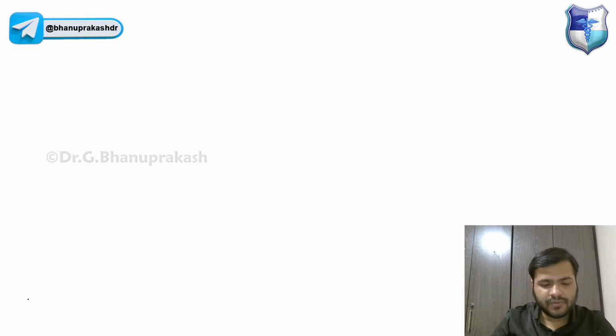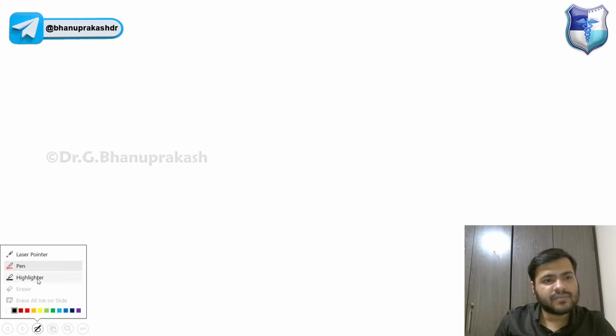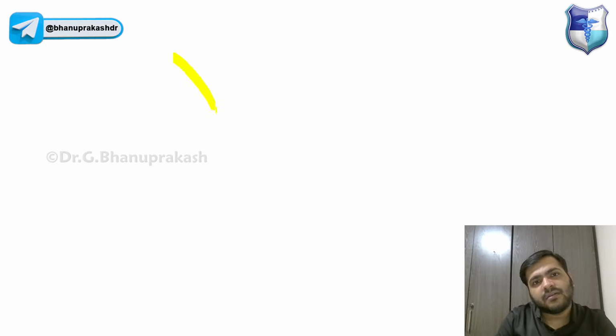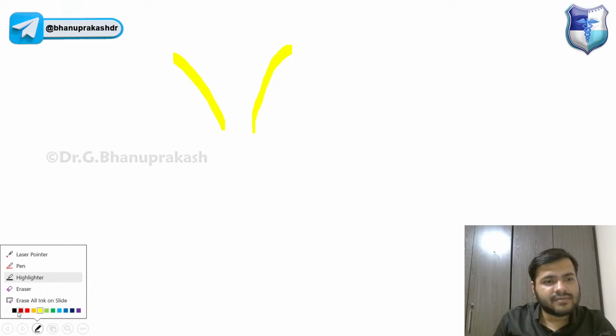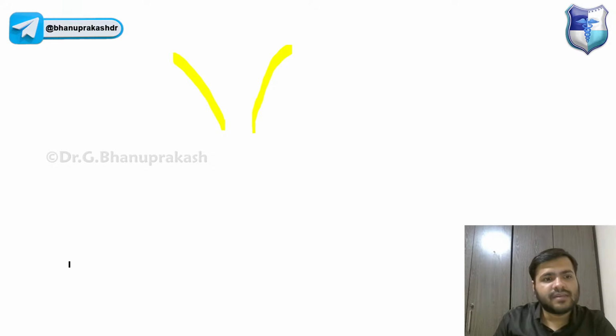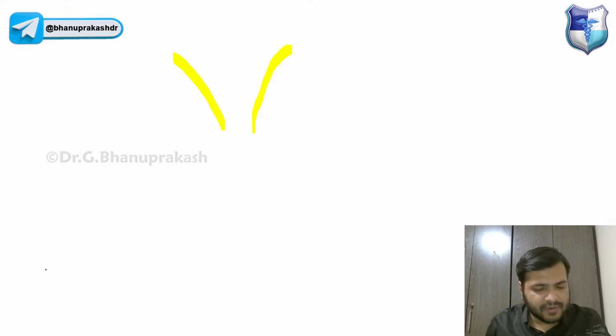Let us suppose this is the pia matter. Basically we have these extensions, and the arachnoid matter will be there.